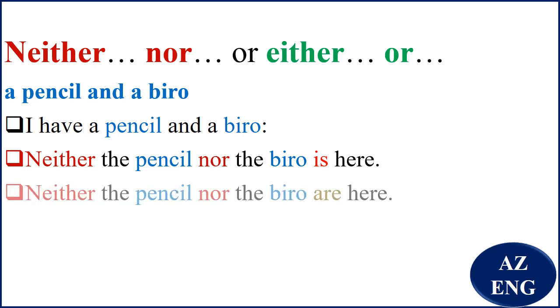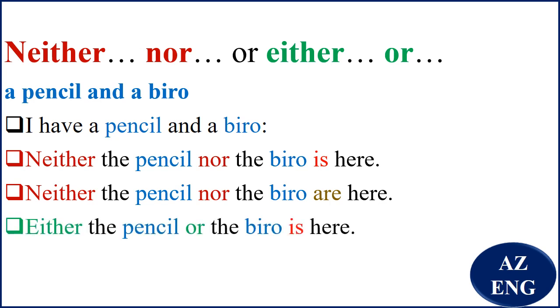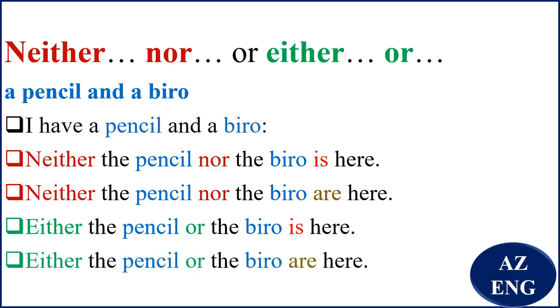This is correct. Neither the pencil nor the biro are here. This too is correct. Is or are. Either the pencil or the biro is here. This is correct. Either the pencil or the biro are here. This too is correct. It's not difficult, right? Good.